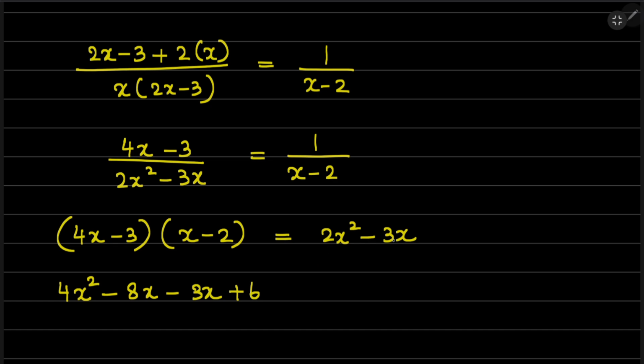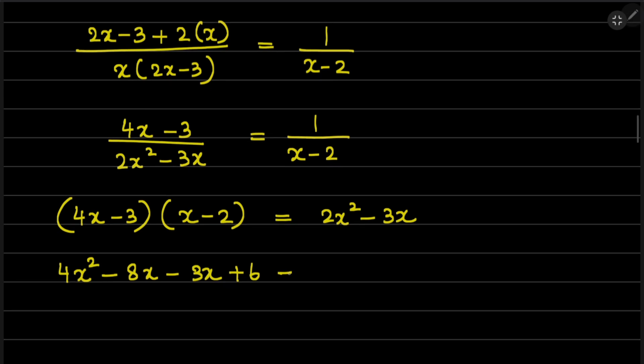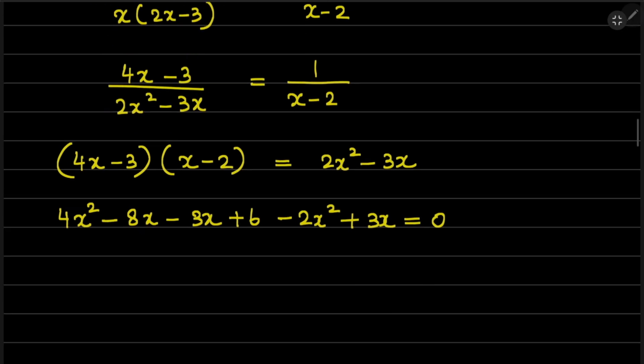Let me take the terms in the RHS also to the left hand side, which is minus 2x square plus 3x equal to 0. So 4x square is one term, minus 2x square is another term, which will be 2x square. Again, let us check. Minus 8x minus 3x is minus 11x.